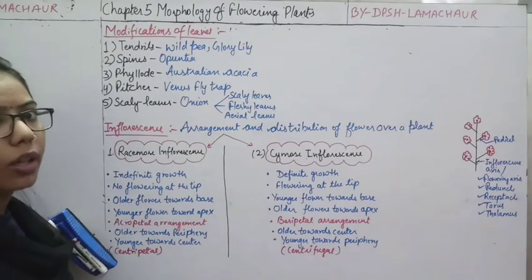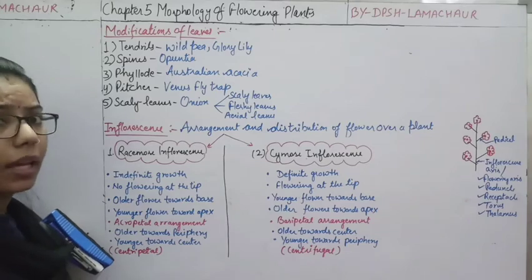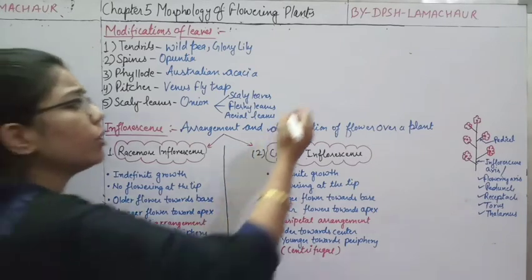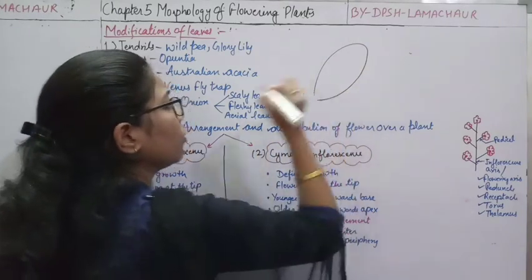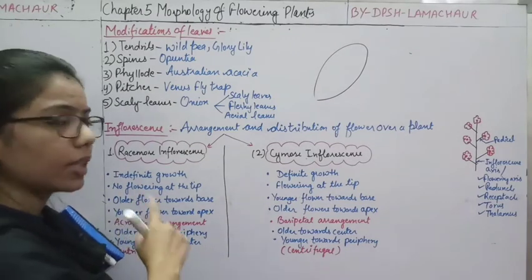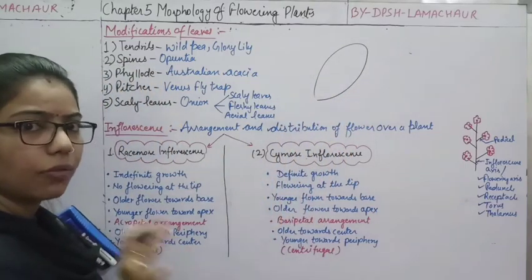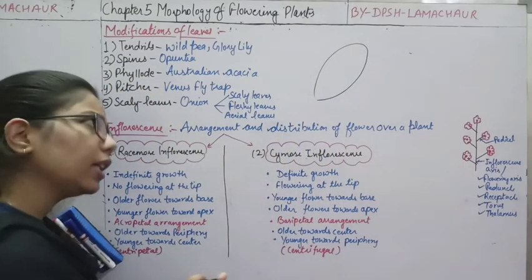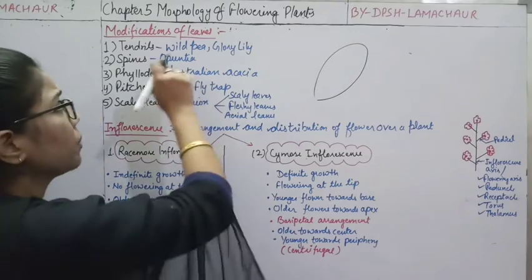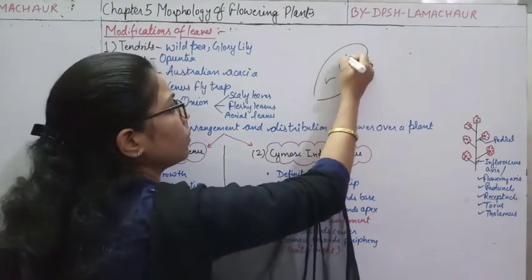Now what are spines? Spines are present in xerophytic plants, such as Opuntia. If you see the Opuntia, the stem, which we have already done in the stem part, is transformed into this flat structure, and the leaves which are generally present in plants are transformed into the spines.